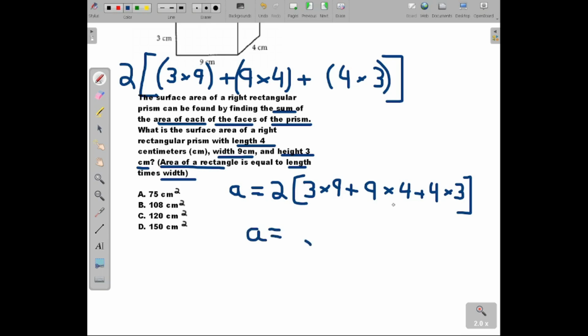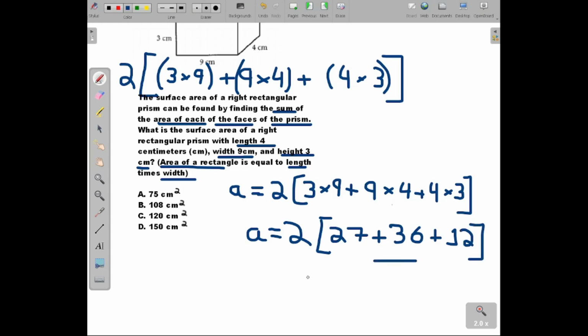The area is equal to 2 times 3 times 9 is 27, plus 9 times 4 is 36, plus 4 times 3 is 12. Now we just have to add these 3 terms.